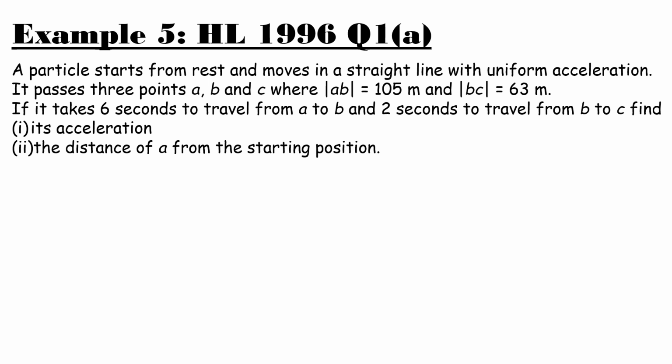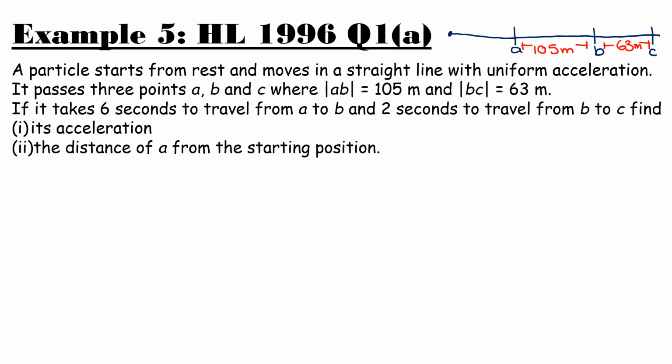So the first thing I'm going to do is draw this out. So we have a starting point here, and then we have a particle moving in a straight line with uniform acceleration, and it passes 3 points. So we have A, we have B, and we have C. What we're told is A to B here is 105 meters, and we have B to C, which is 63 meters.